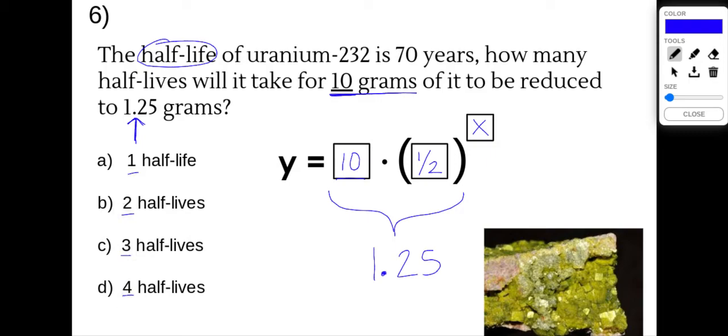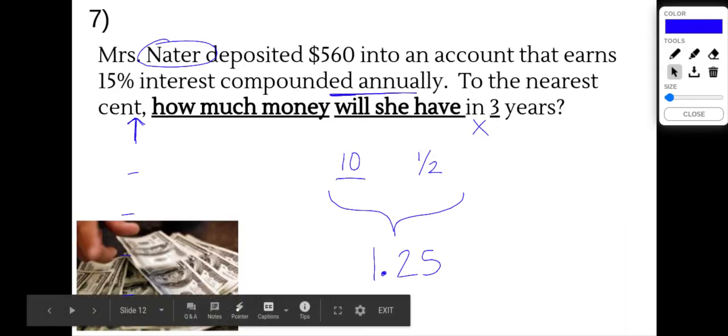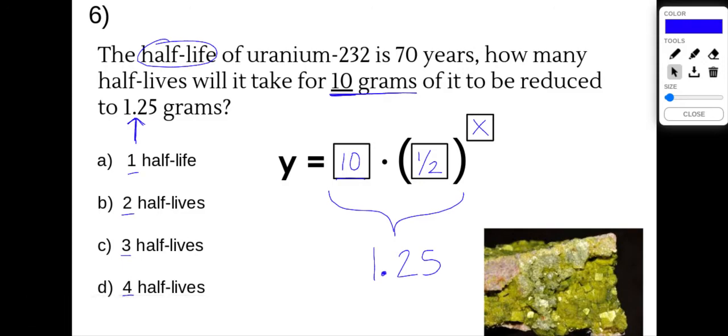So go ahead and put those into your equation in place of the x and see which one is going to take that barium down to 1.25 grams. Did you figure it out? Yeah, it's actually 3, isn't it?